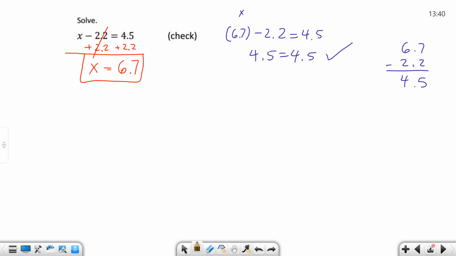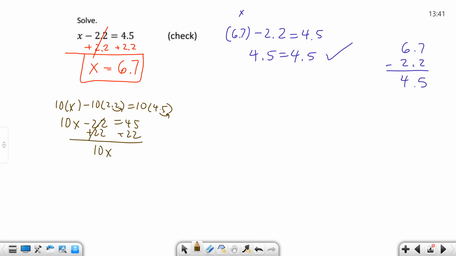So I'm going to say 10 times x minus 10 times 2.2 equals 10 times 4.5. So it's going to be 10x minus 22, because that means move the decimal place one place. 10 times it means move it one place, equals 45. Okay? So now I have no decimals. I'm going to move my 22.